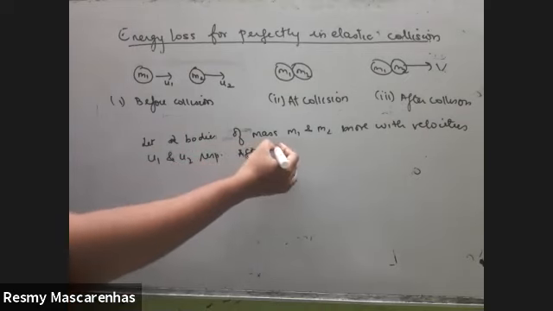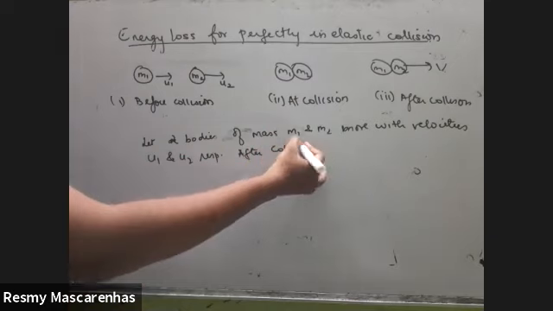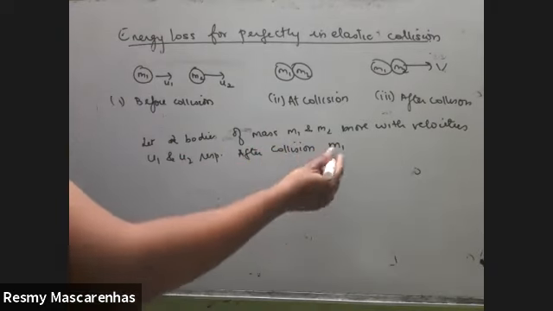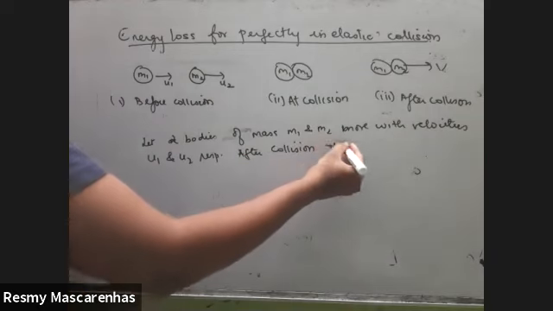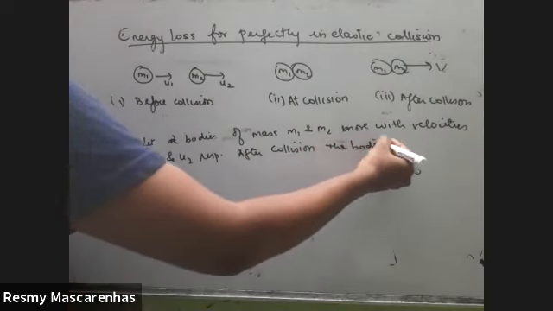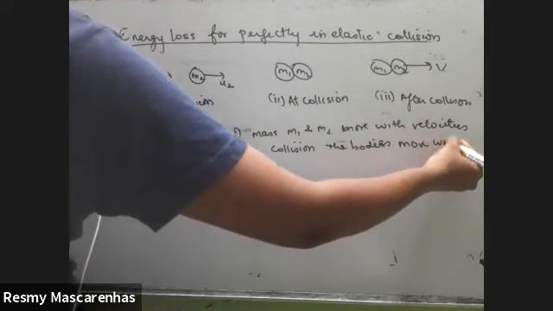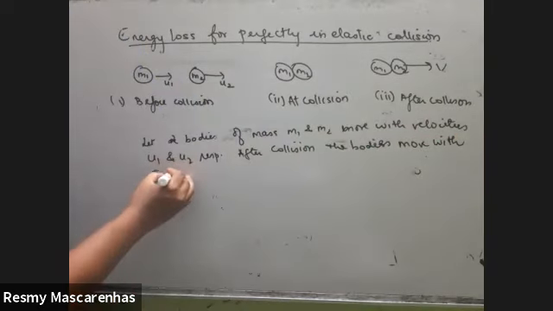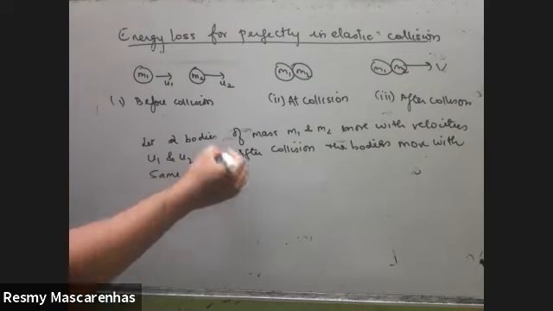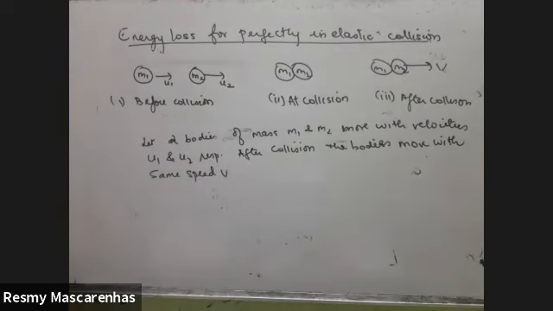After collision, the two bodies move with same speed v. Let the two bodies of mass m1 and m2 move with velocities u1 and u2 respectively. After the collision, the bodies move with same speed v.